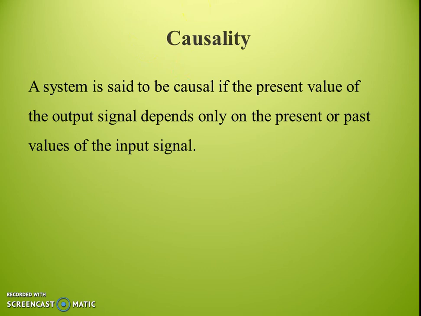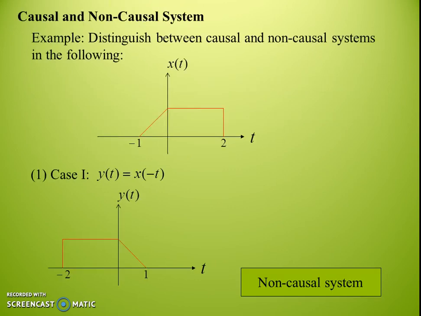So one thing is clear, that an output can depend on present as well as past inputs. If we try to understand this, in causality it is possible to have some memory also, so it also indicates a system with memory too. Alright, let's try to understand this concept using some examples.